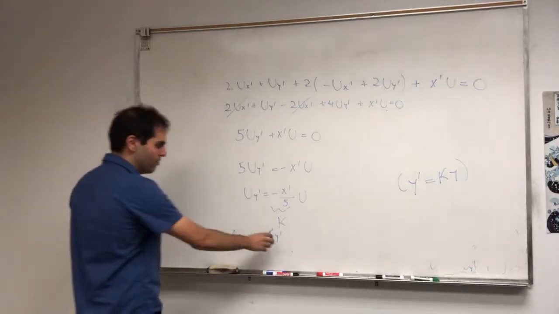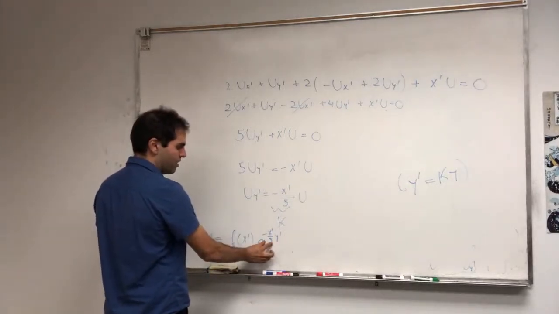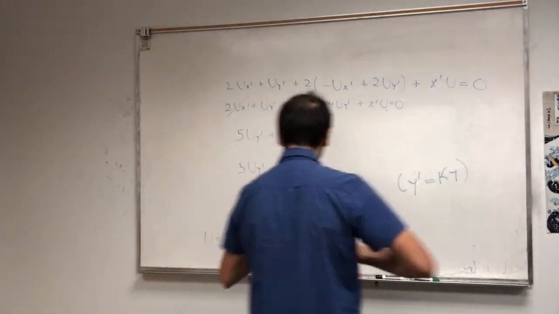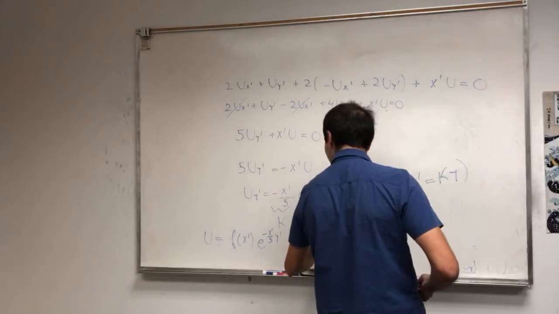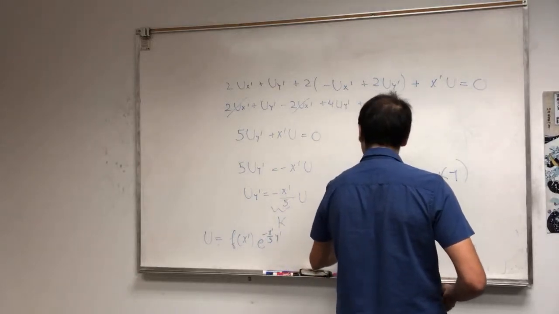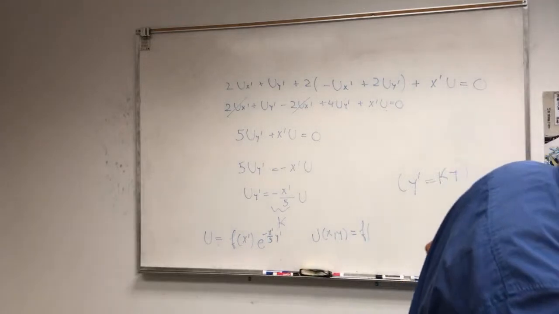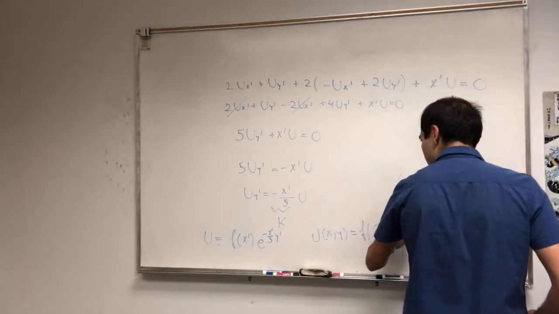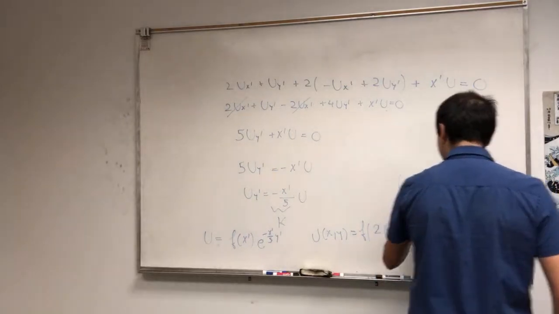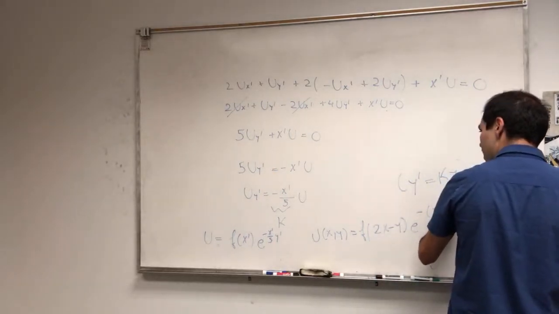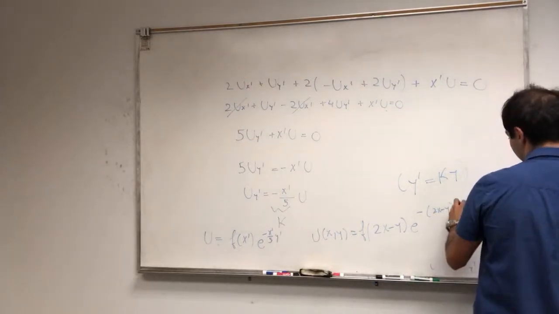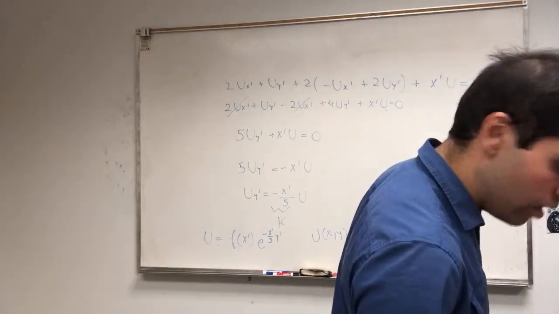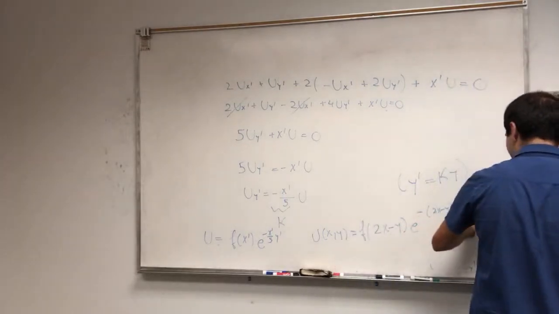Notice that with respect to y prime, the function is a constant, and this is also a constant. So that works, and that gives us a solution. So u(x,y) is any function of 2x minus y, times e to the minus (2x minus y) over 5 times, I think, x plus 2y.